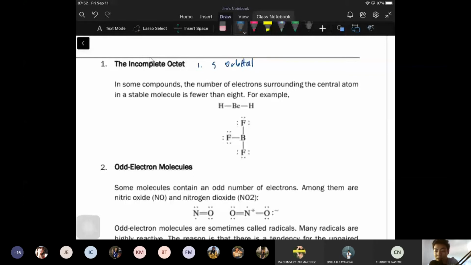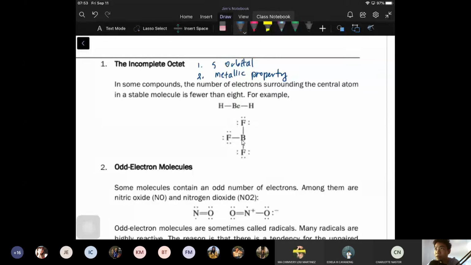S orbital lang meron siya, first energy level lang siya. So, wag ipilit na pag hindi kaya. That means hydrogen will have an incomplete octet. The second reason why atoms sometimes have incomplete octet is because it has a metallic property.